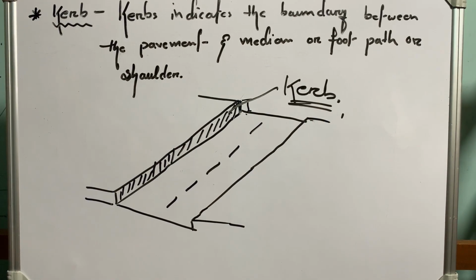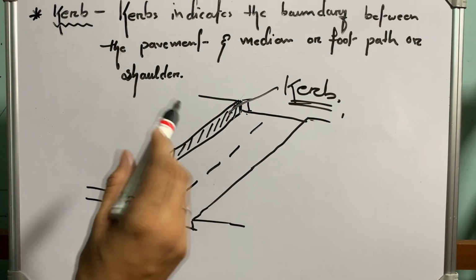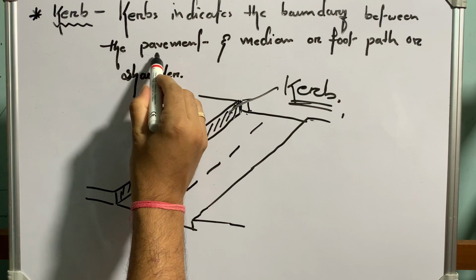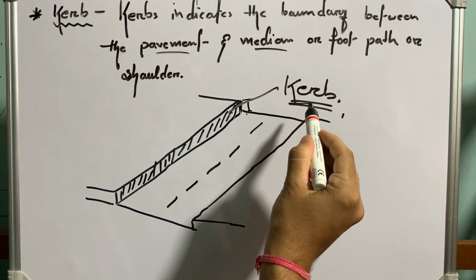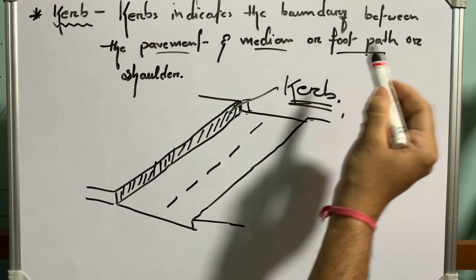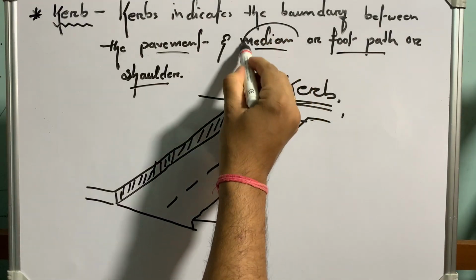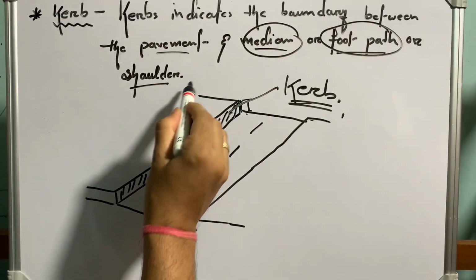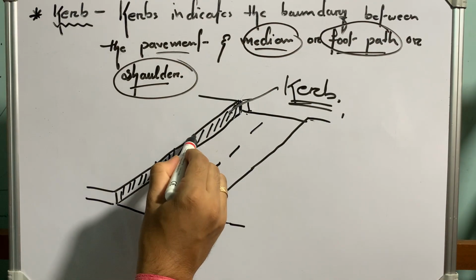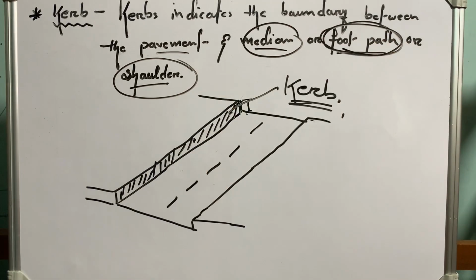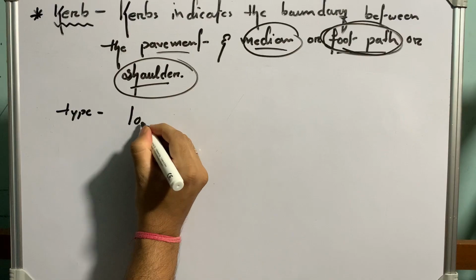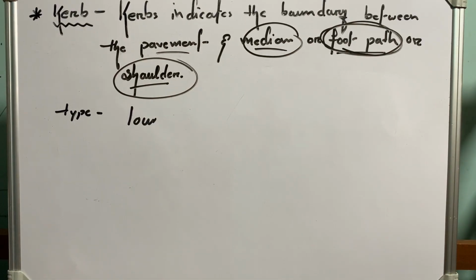Same for median, same for shoulders. This elevation is creating a boundary between the pavement and median or footpath or shoulder. So what are the types of kerb?